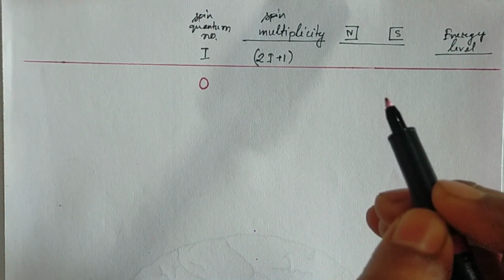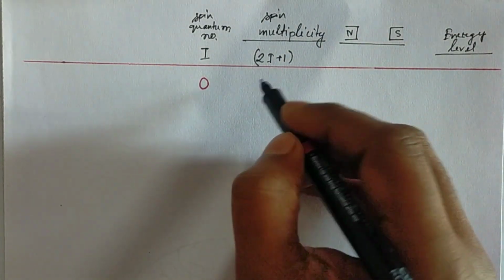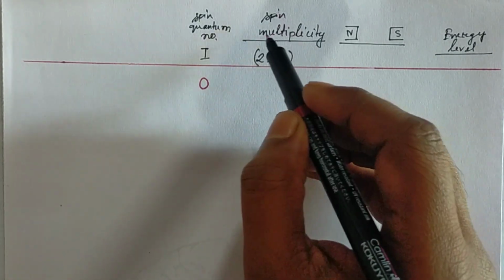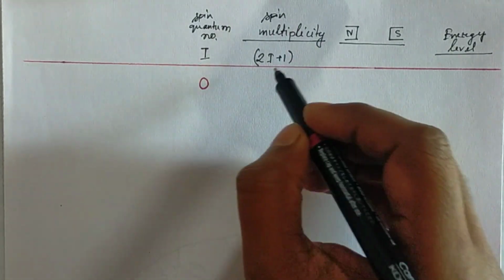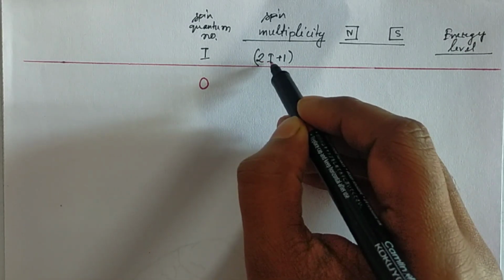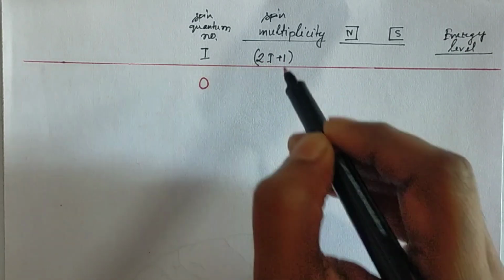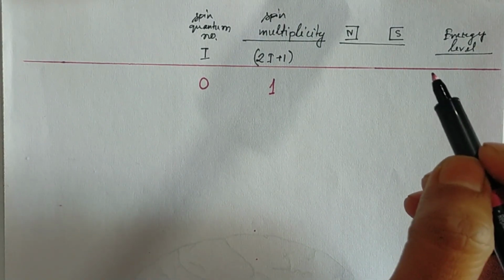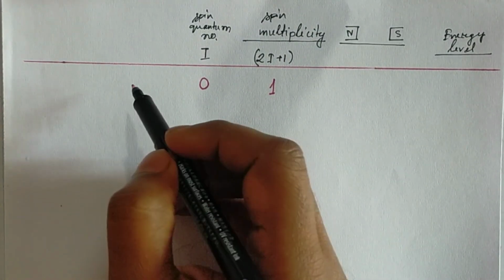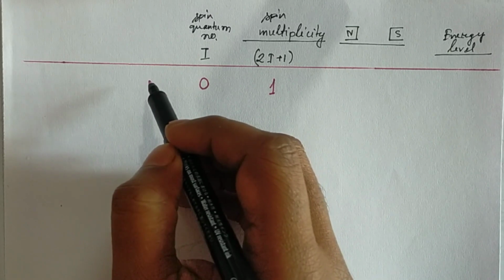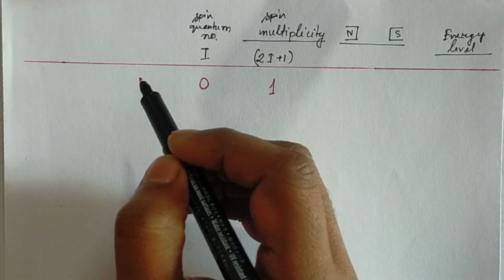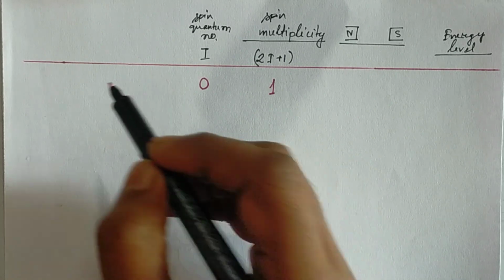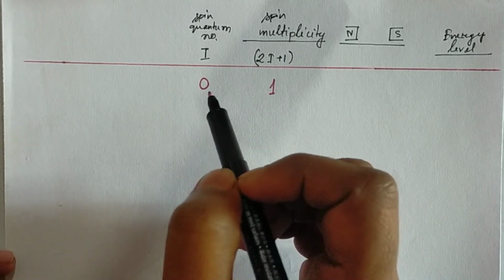Spin multiplicity is 2I plus 1, so 2 into 0 plus 1, which is 1. So how will the nucleus orient in the magnetic field?